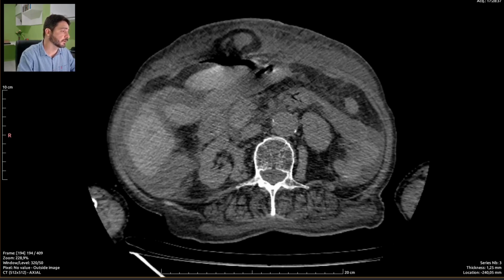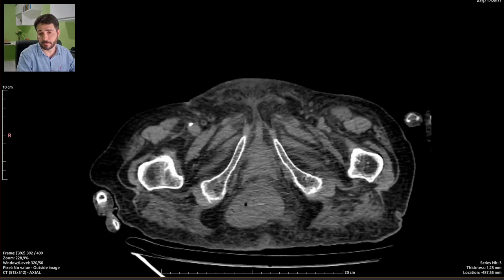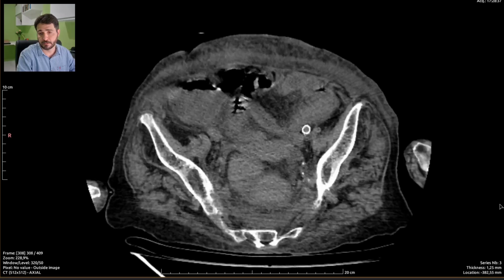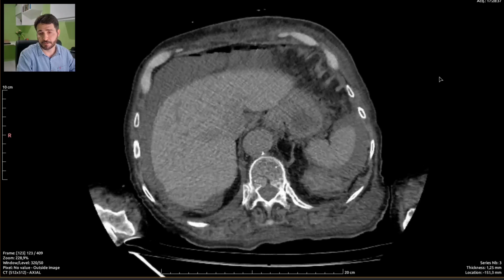This is important. Let's look, the urinary bladder is okay. Lots of arthrosis and whatnot. This is so severe.